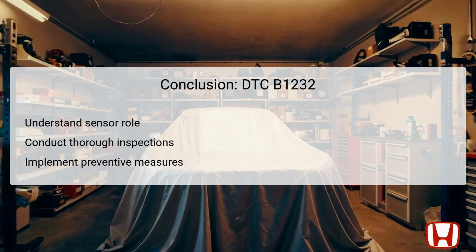Proper repairs, followed by verification, are necessary for ensuring the rectification of the issue. To prevent future occurrences of this and related codes, routine maintenance and circuit inspections should be implemented regularly. This approach not only enhances the performance of the climate control system, but also ensures greater comfort and reliability for occupants during every drive.